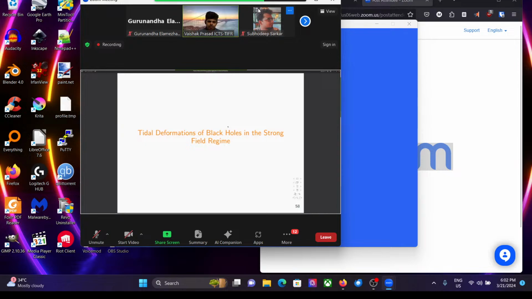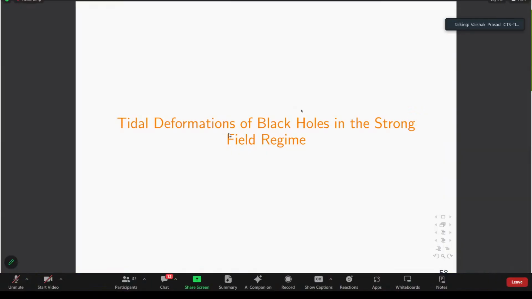Okay, now I would like to move on to another problem which I've been trying to investigate in the past few years, in connection with tidal deformations of black holes. You all may have heard that non-spinning black holes do not deform.